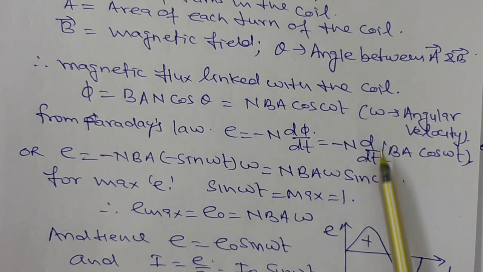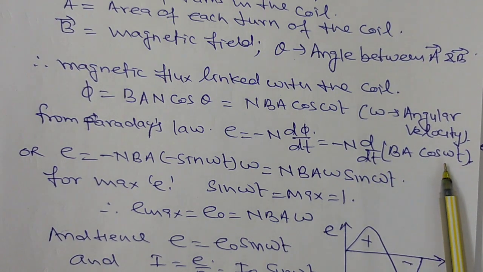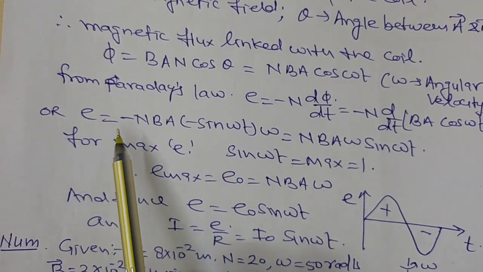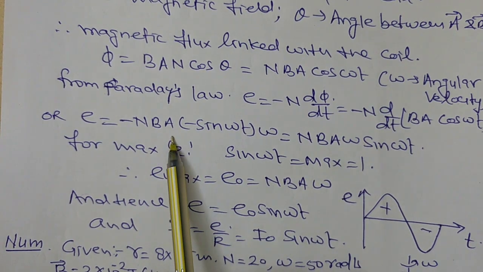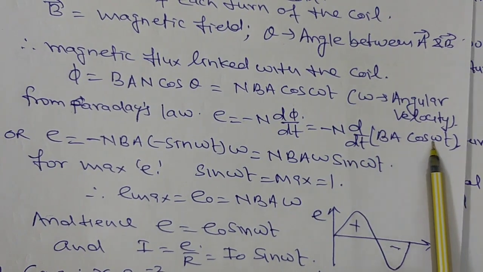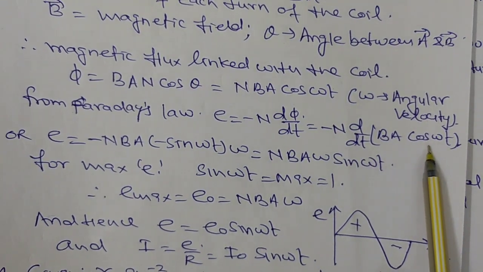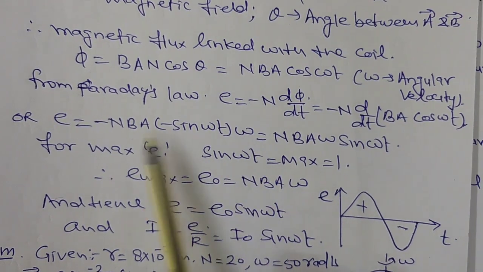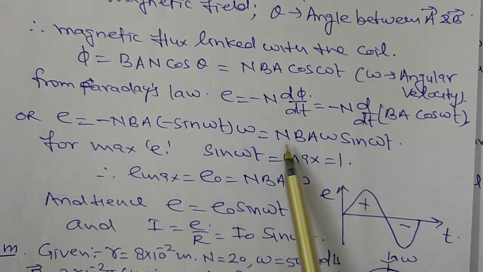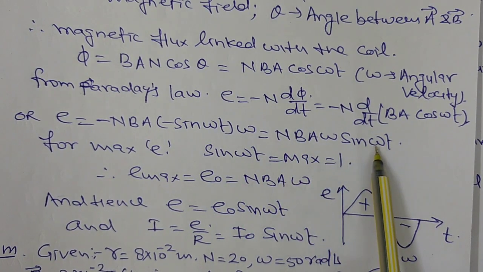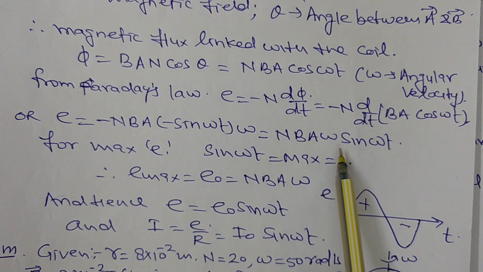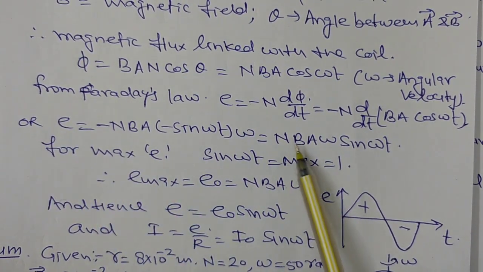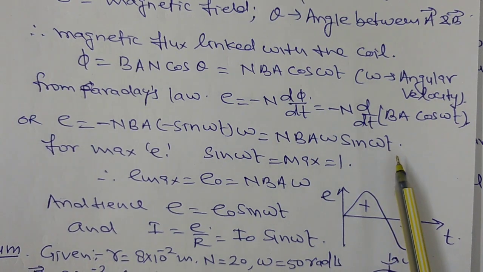Now differentiation of this cos omega t, ba is again constant take outside, and here this e is equal to minus nba, and the differentiation of cos omega t is minus sin omega t into omega. Now on solving, the value of this induced EMF is equal to nba omega sin omega t.